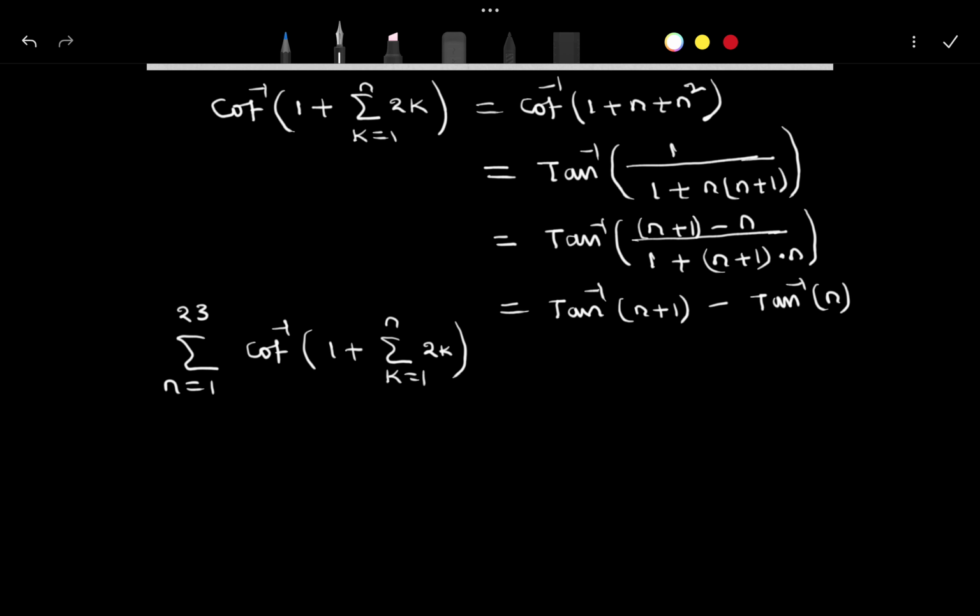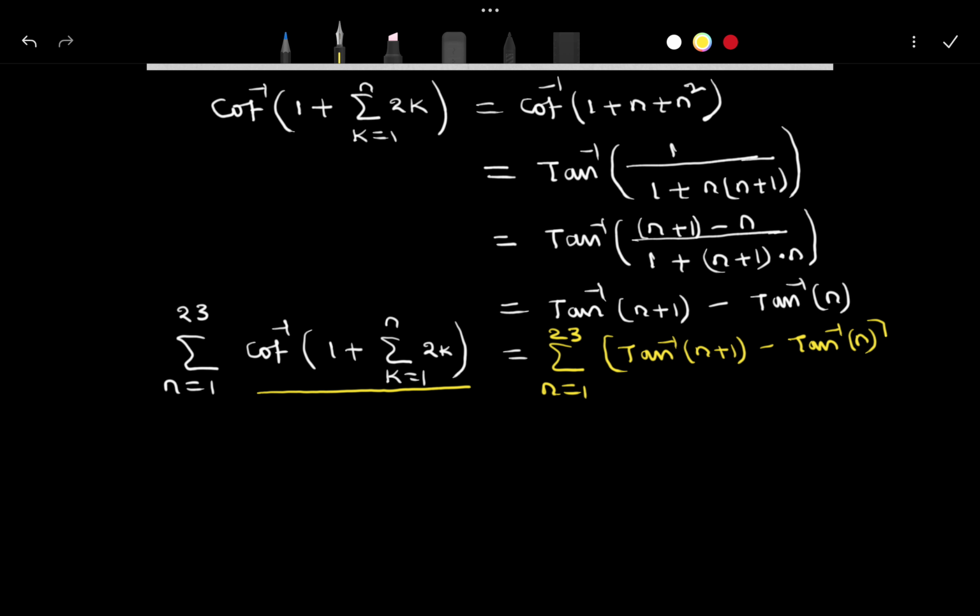What is this value? Here we already simplified it: the value will be tan inverse of n plus 1 minus tan inverse of n. So now you take sigma n equals 1 to 23 of tan inverse of n plus 1 minus tan inverse of n. This is after substitution.